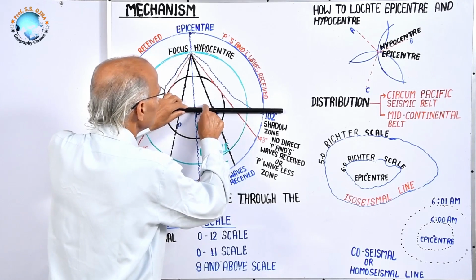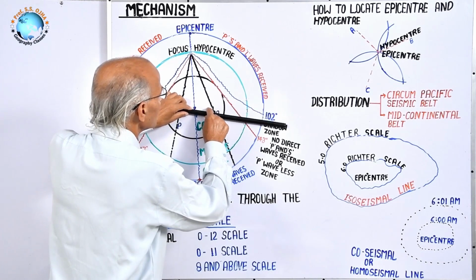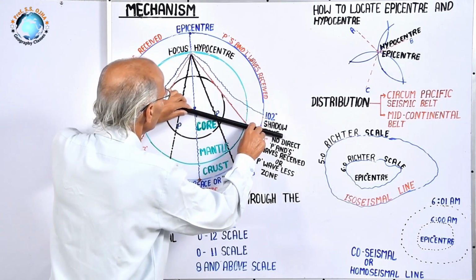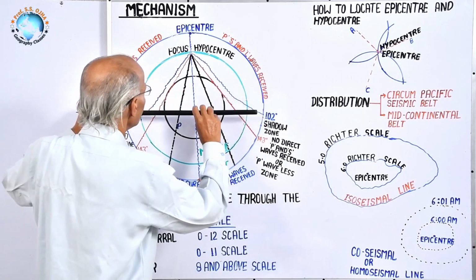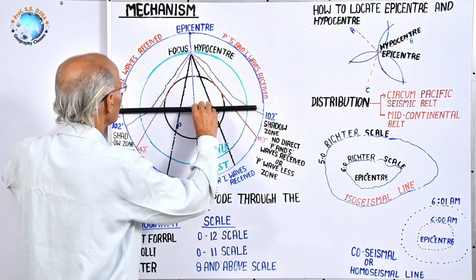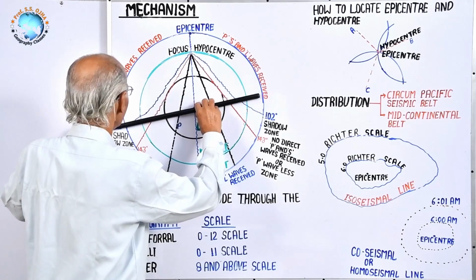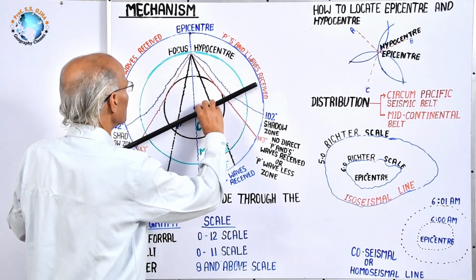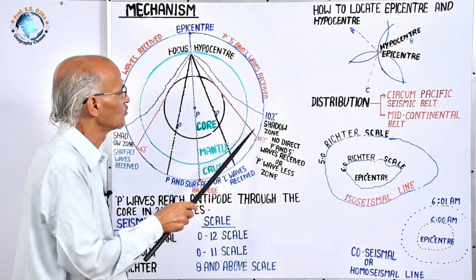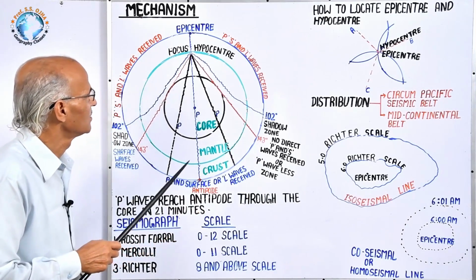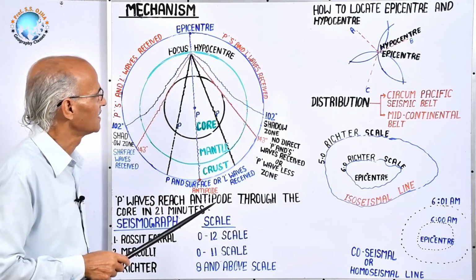After this 90 degrees, if you increase, then 100, 102 degrees here and 143 degrees here. In the same way on the left side also, this is 90 degrees, 102, 143. So remember these pseudozones on two sides which don't receive direct P and S waves.